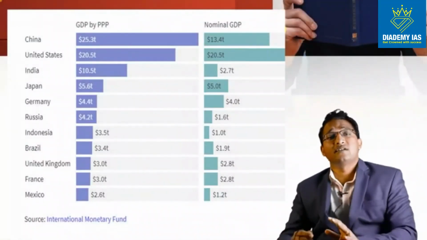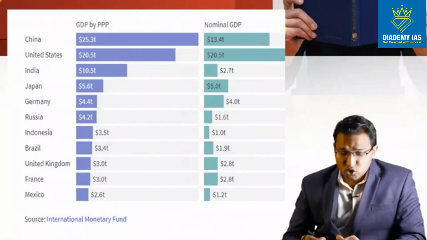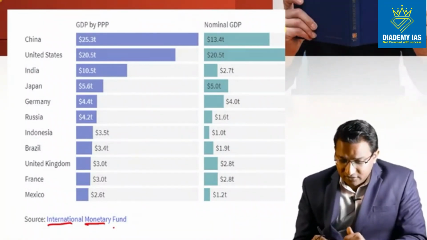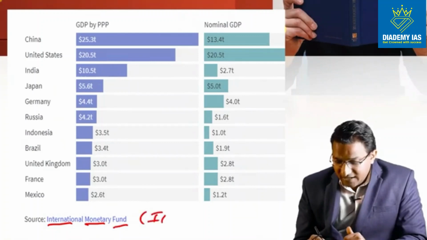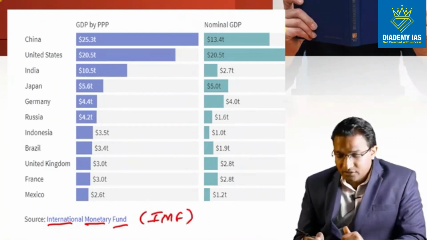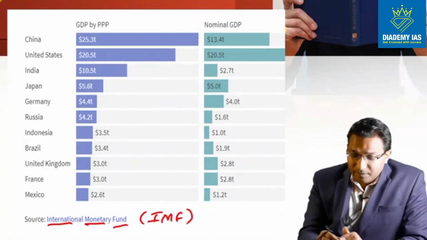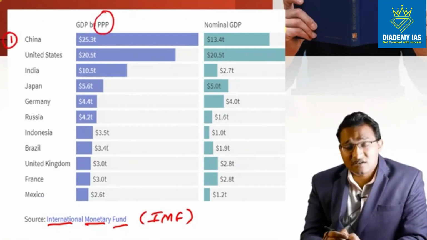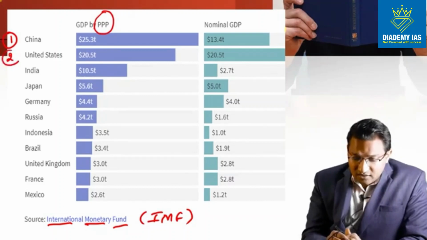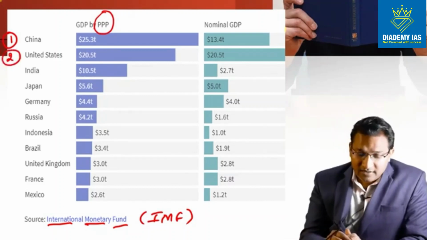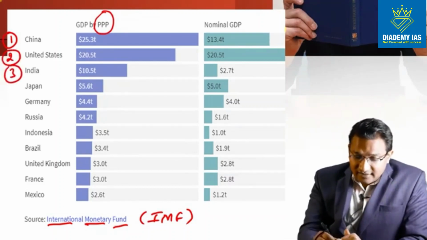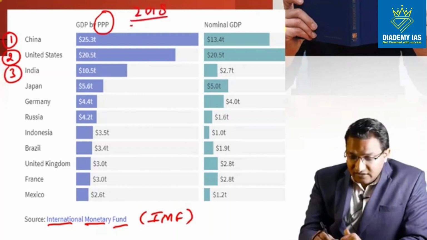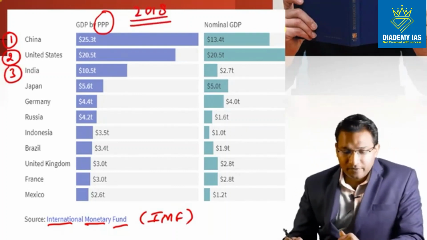Now this is the data that you can see. The source of this data is the International Monetary Fund, IMF, and IMF has indicated that if we see on the PPP basis, China is the first ranked country in the world, USA is rank 2, and India is rank 3, and this is basically the 2018 report, just 2 years ago.